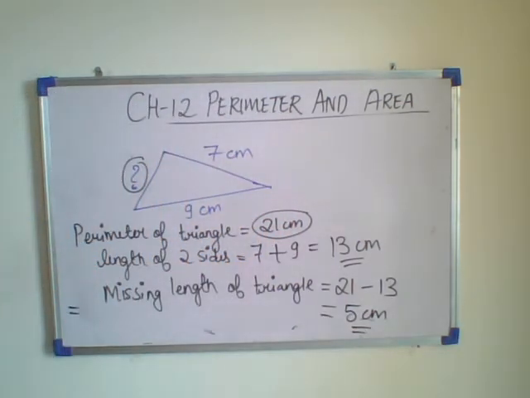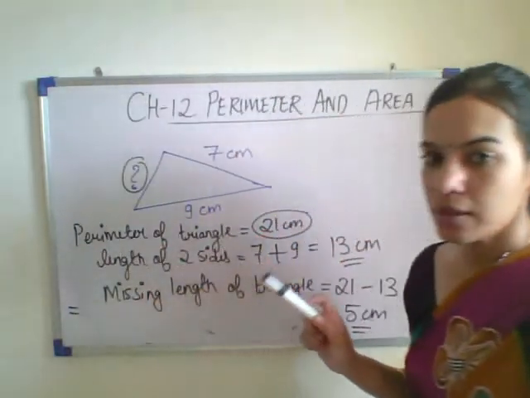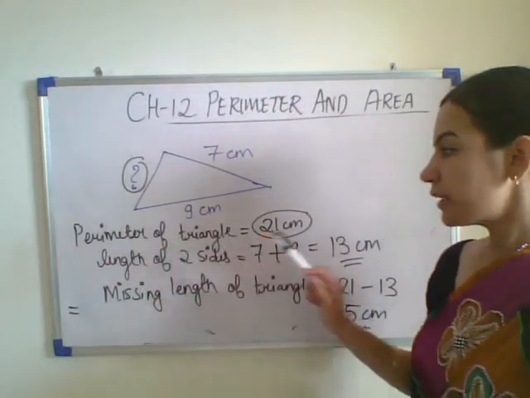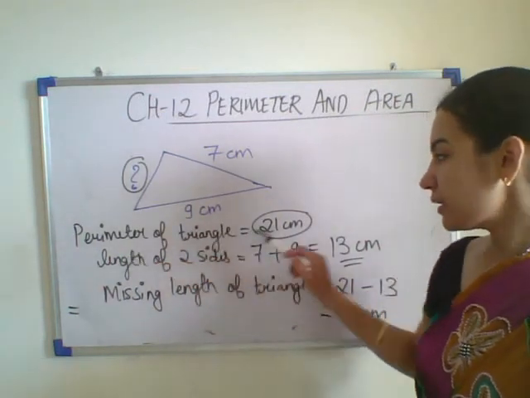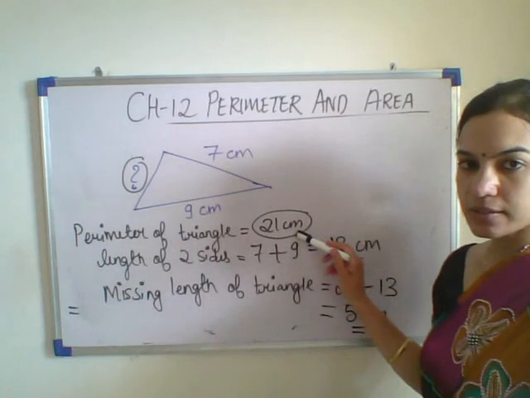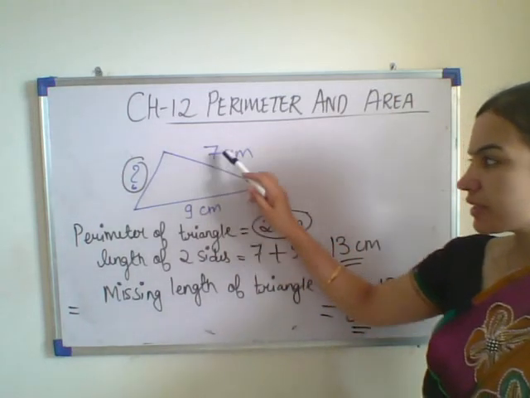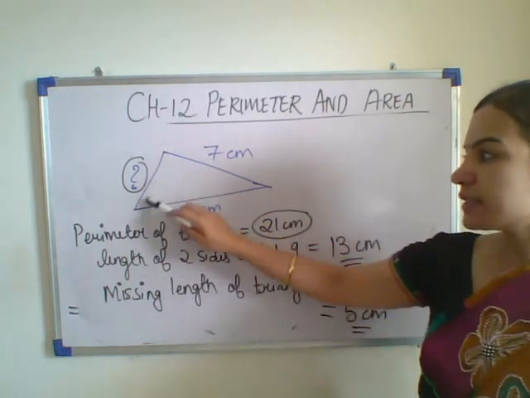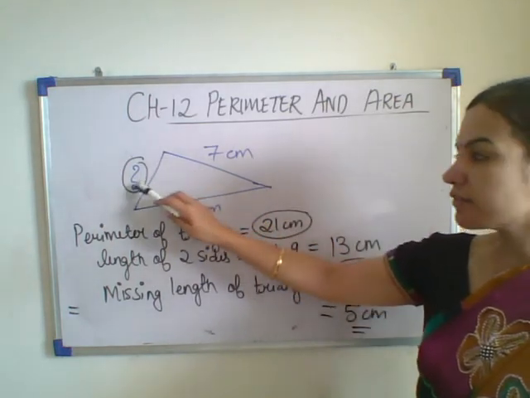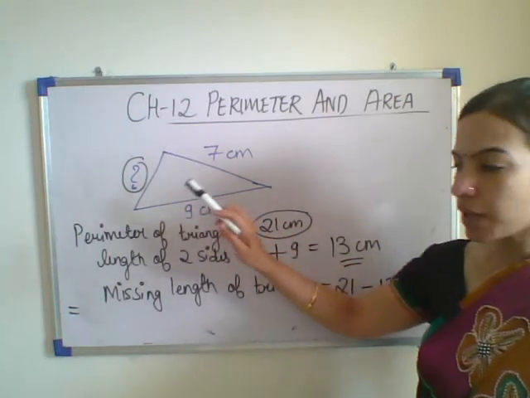Let us revise this question. Here what is given in the question? The perimeter of the triangle is given, it is 21 centimeter, and the 2 sides are also given. This is 7 centimeter, this is 9 centimeter. But this side is not given. This is the missing length that we have to find out.